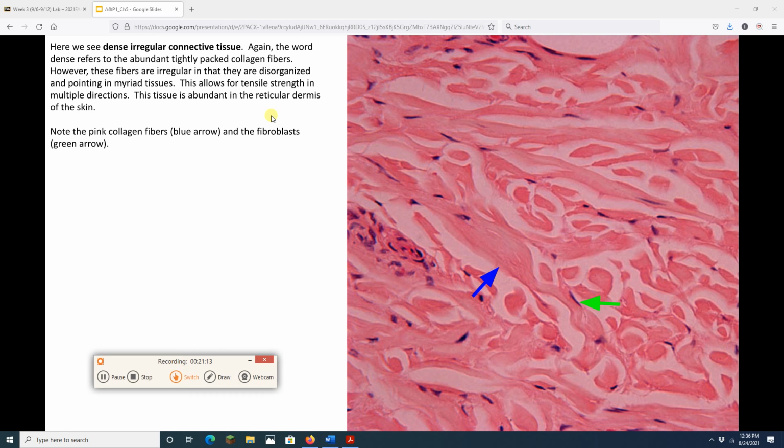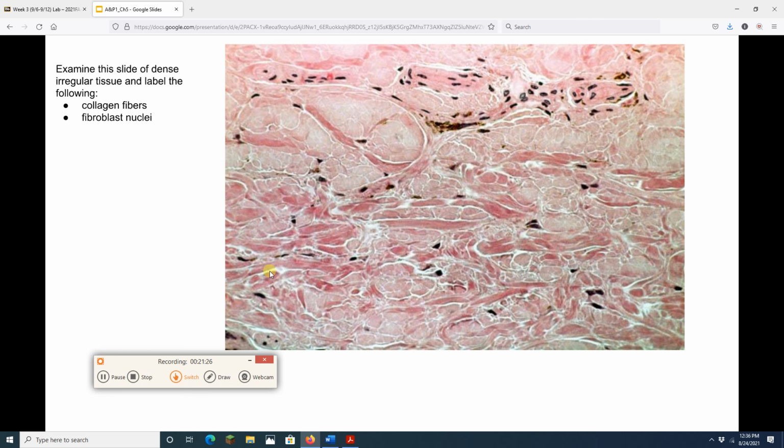You also find it around your joint capsules, the capsule around your shoulder joint, elbow joint, and in other places in the body as well. Okay. Here I've got some dense irregular connective tissue. You should be able to find me a whole bunch of fibroblasts and a good amount of collagen fibers.